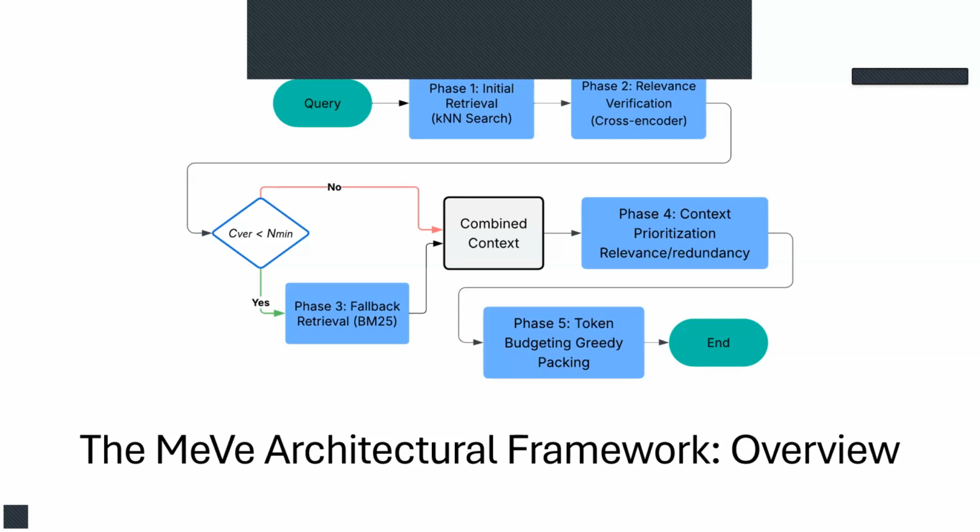So we have made sure we have a budgeting phase, so we don't give it too much information. And this also makes sure that you can set your own budget based on the project you are using.